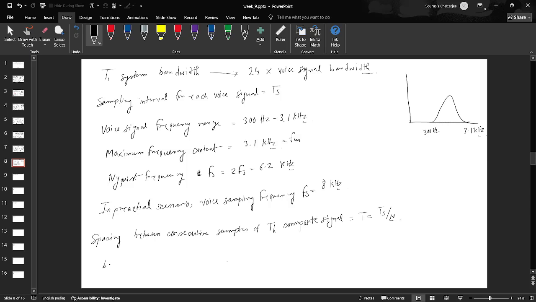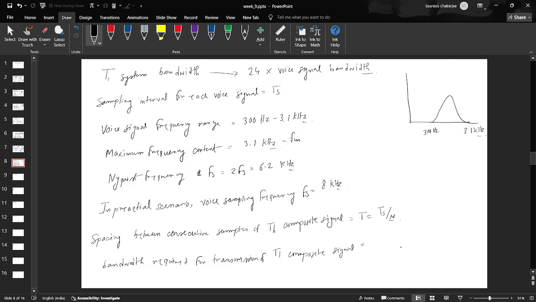Therefore the bandwidth required for transmission of the TDM T1 composite signal. Remember that the T1 composite signal has a sample at an interval of Ts over n, right?